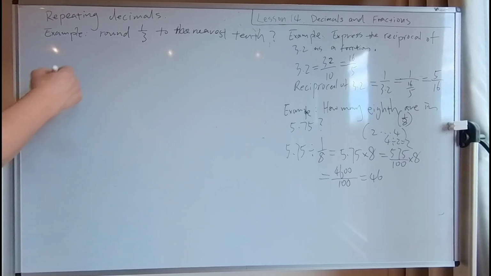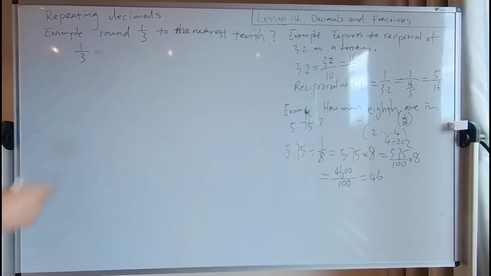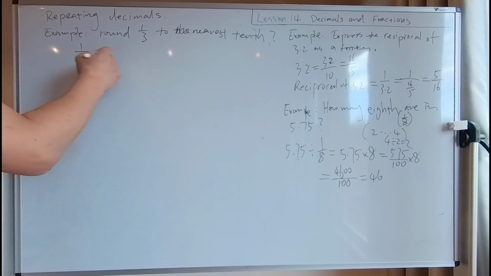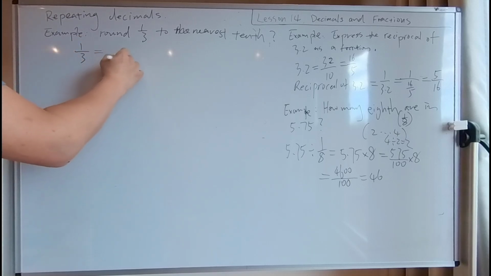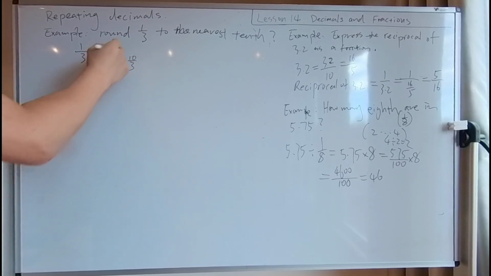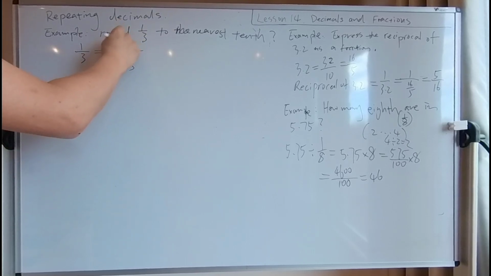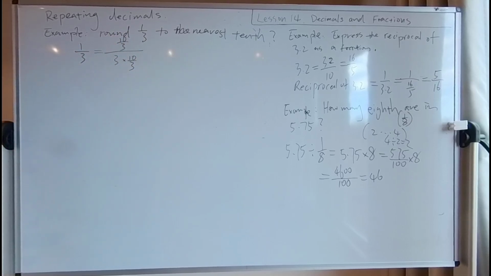So first of all, 1 over 3, I'm still trying to have a power of 10 in the denominator. Let's see what happens. If I want to convert this denominator to 10, I need to multiply by 10 over 3, which means I will have another 10 over 3 on the top.